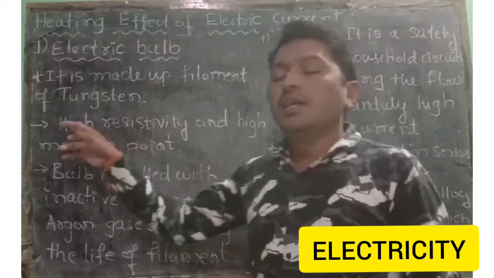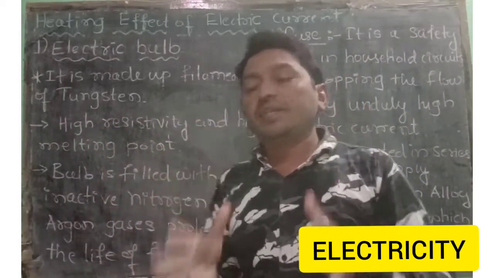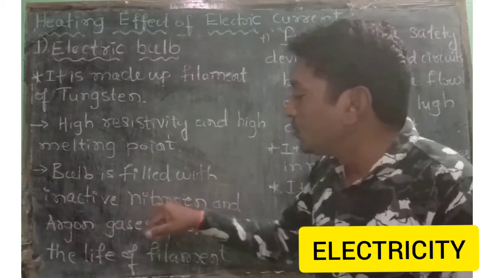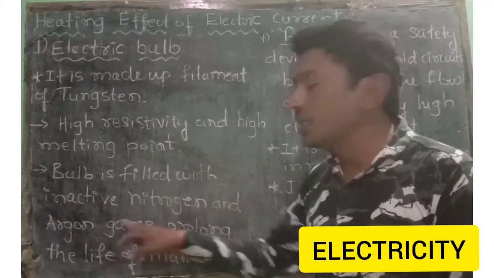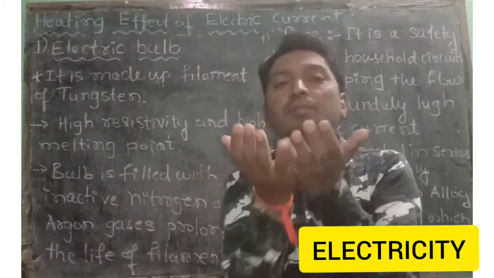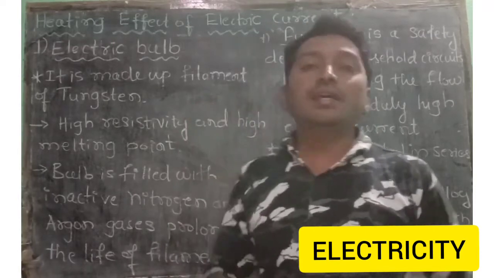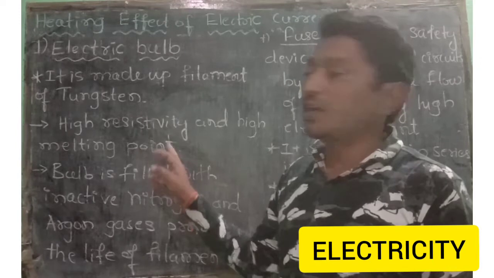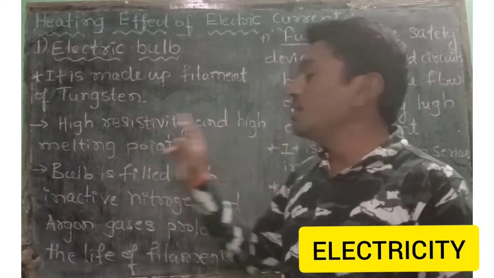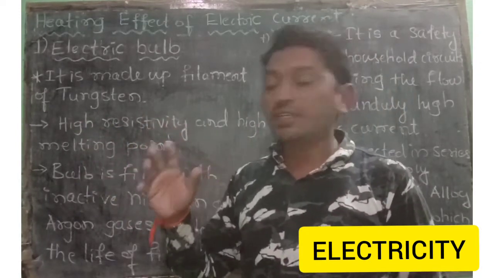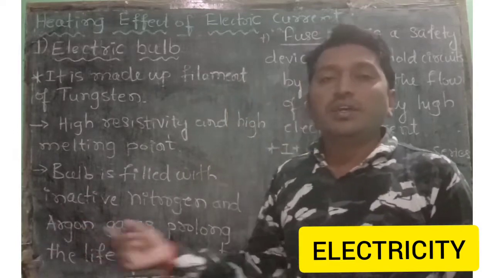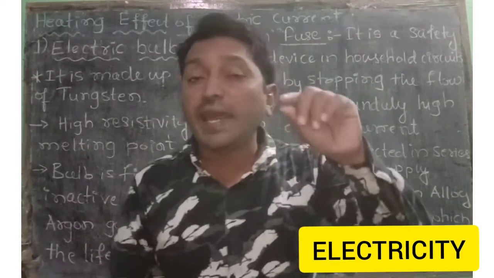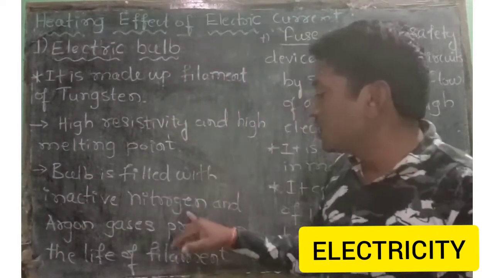It is thermally isolated by inactive nitrogen and argon gases inside the bulb, and the filament has a high resistivity as well as a high melting point. And what is the main use of inactive argon as well as nitrogen?